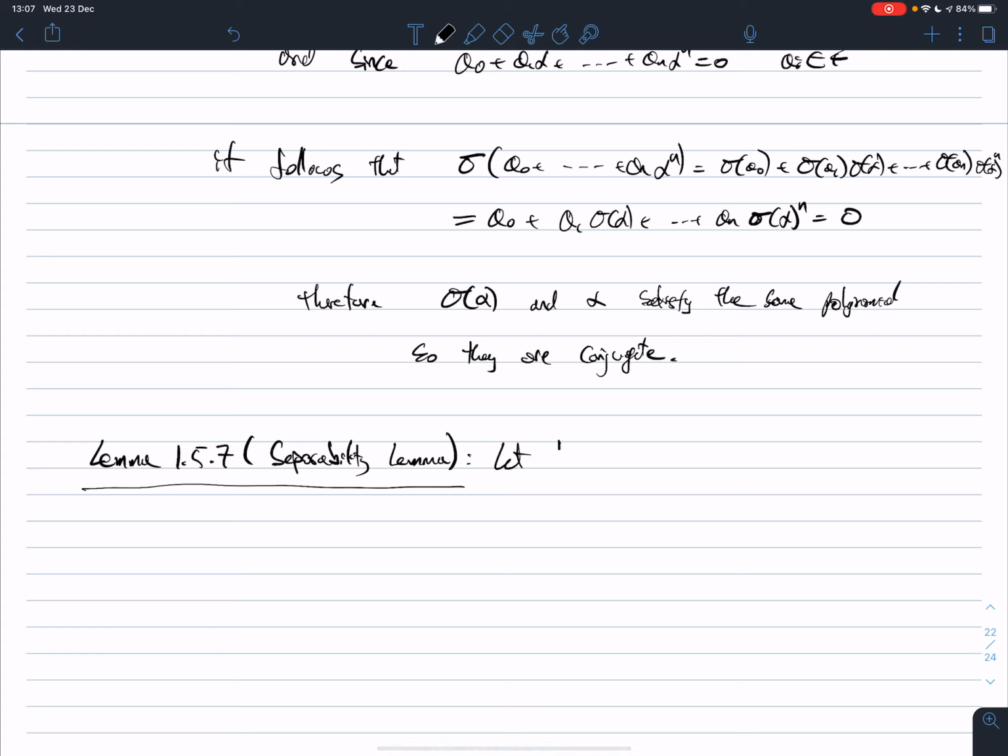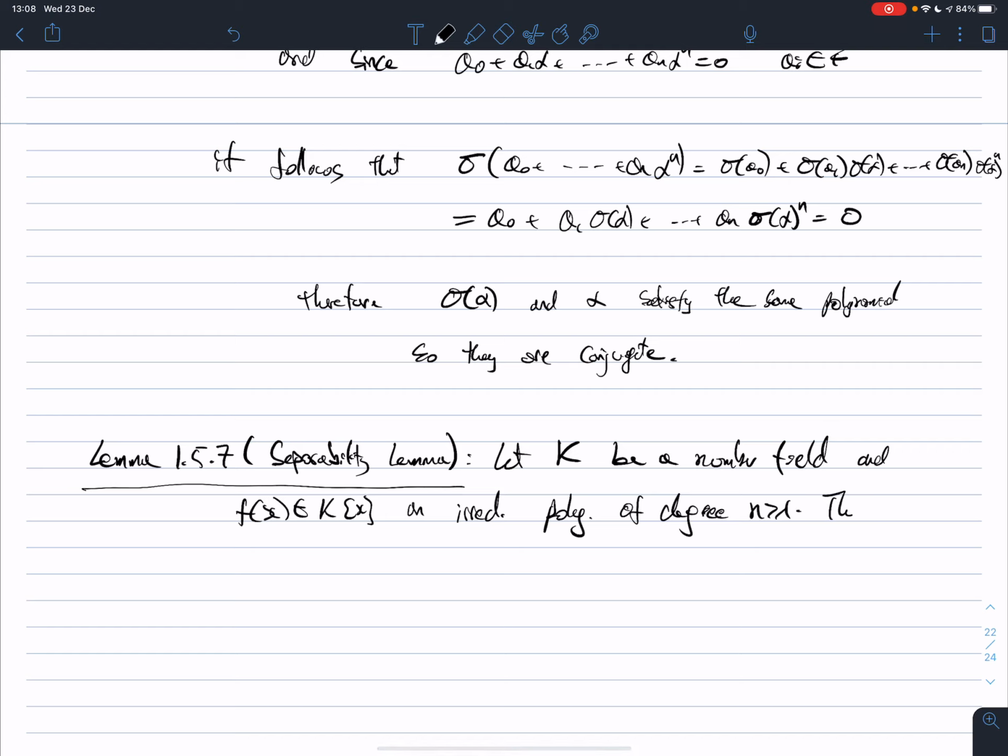So let K be a number field, and f of x in K[x] an irreducible polynomial of degree n greater than or equal to 1. Then f of x has n distinct roots.